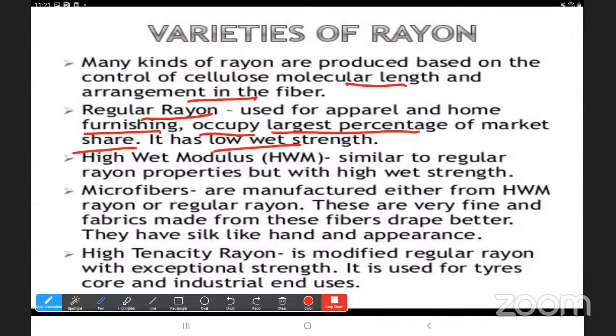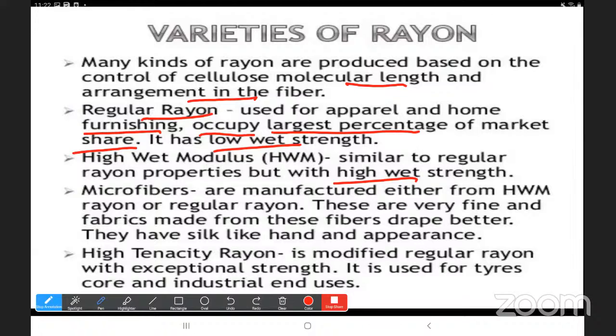Then high wet modulus rayon shows similar properties to regular rayon, but with a high wet strength.